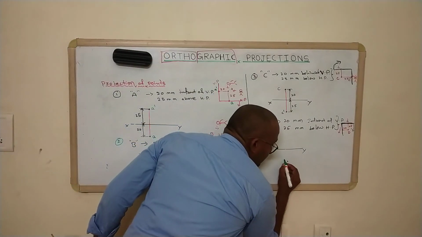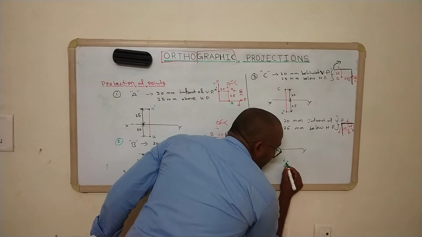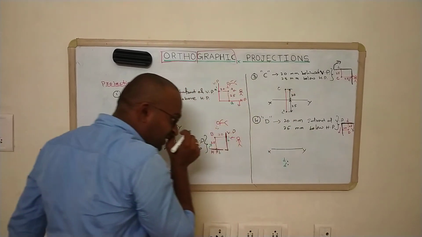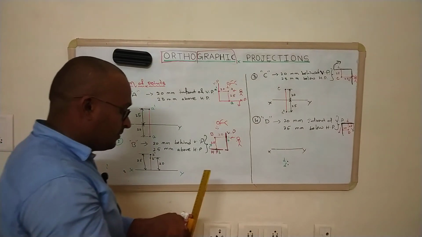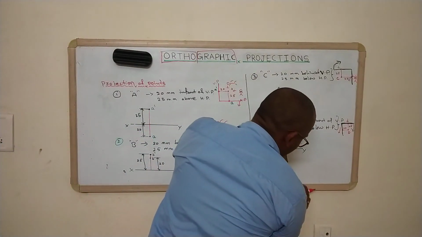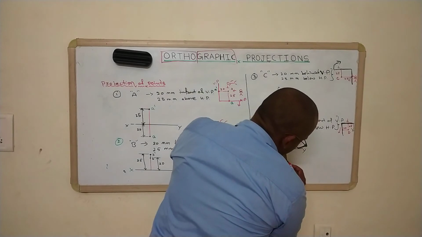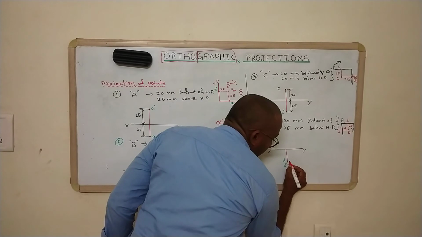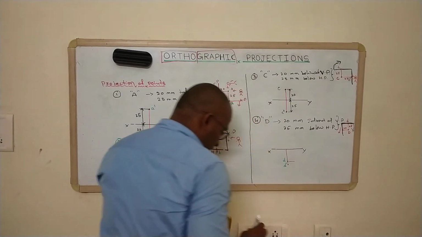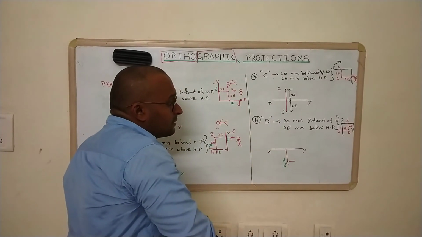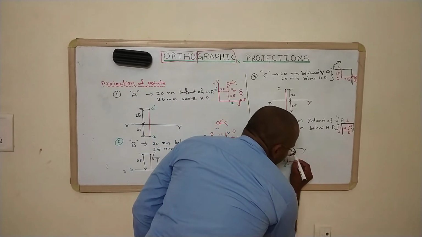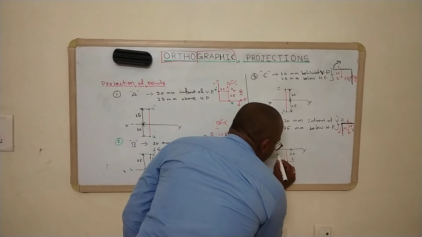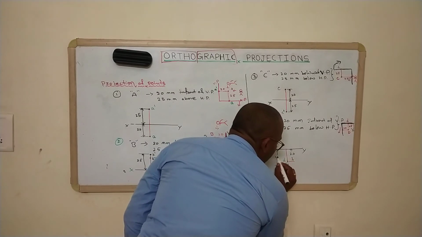Here it is D and then D dash, and then here it is the projector. Here to here the dimension is 20 mm, and here to here the dimension is 25 mm.